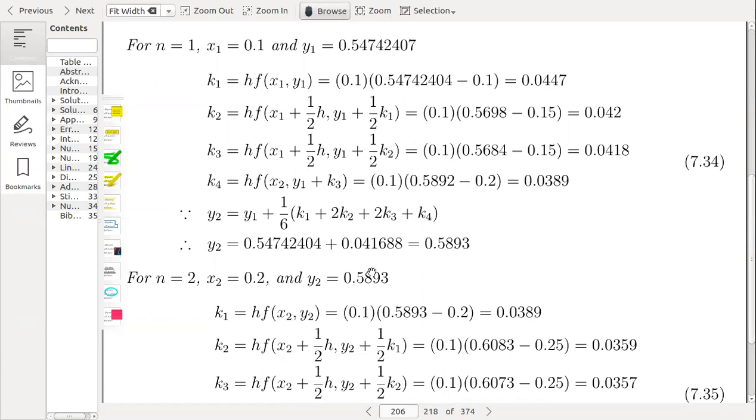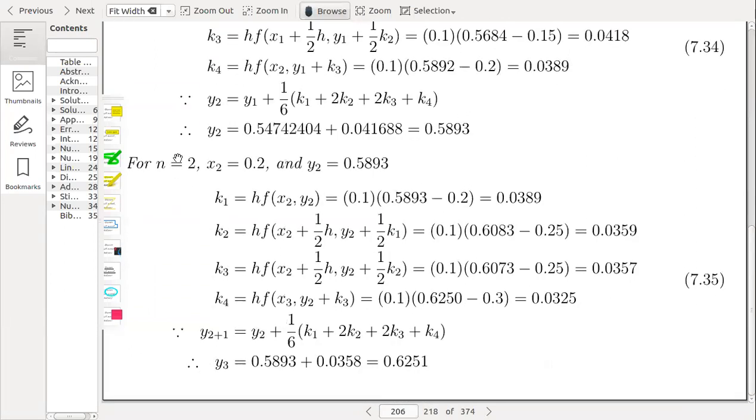So here we calculate y2 is equal to y1 plus 1 by 6 of k1 plus 2k2 plus 2k3 plus k4, and this y2 is equal to 0.54742404 plus 0.041688, equal to 0.5893.